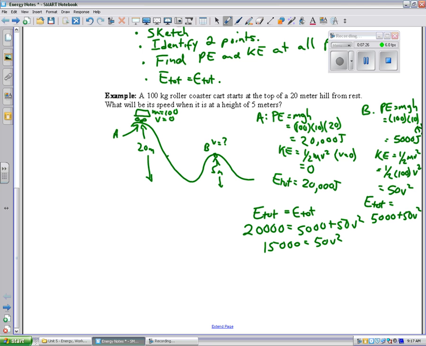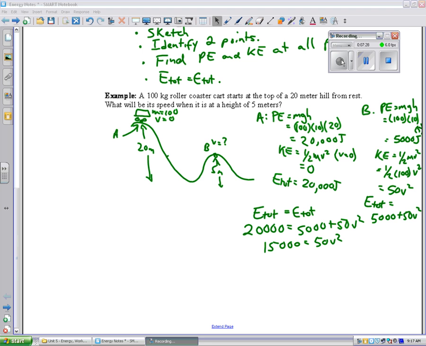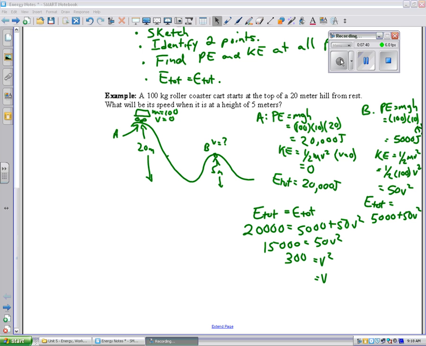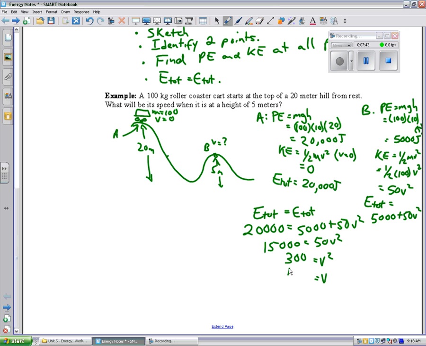Divide that by 50, and I get 300. And then v would be the square root of 300, which is 17.3.